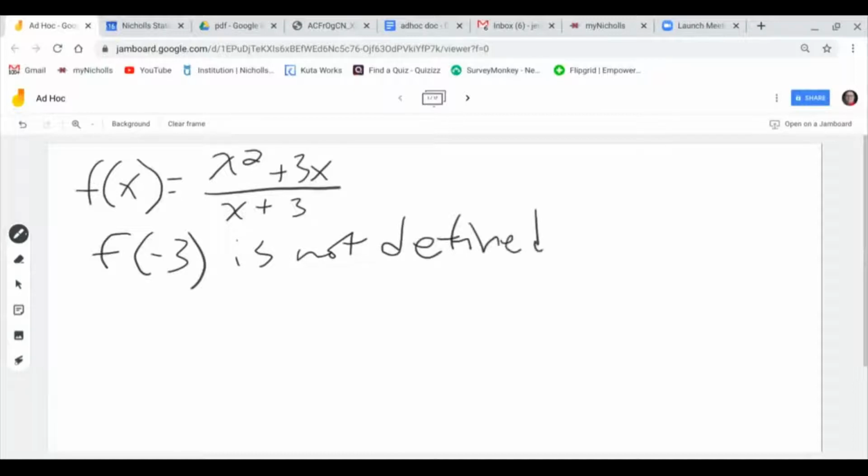And so what that tells me is it's going to be discontinuous at x equals -3. So we know that that's probably going to be the case because it doesn't fit the first criteria for being continuous at that point. So it's not defined.